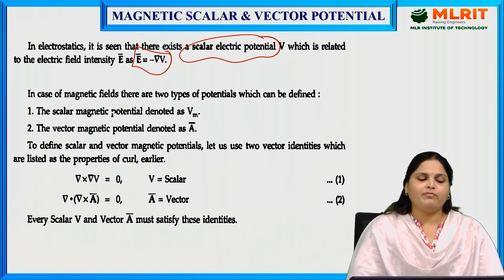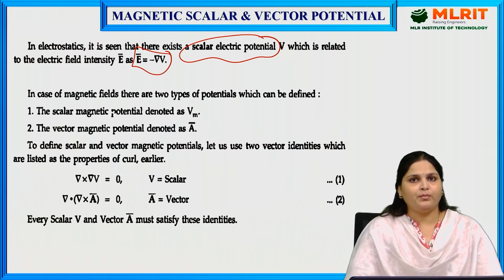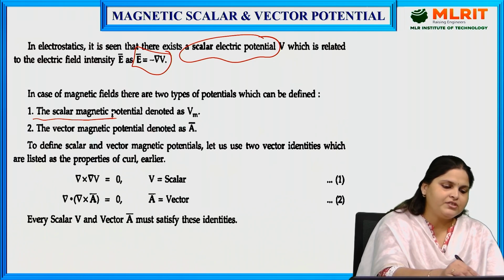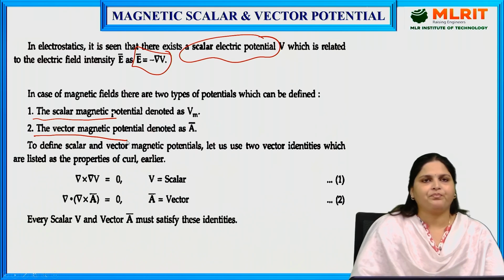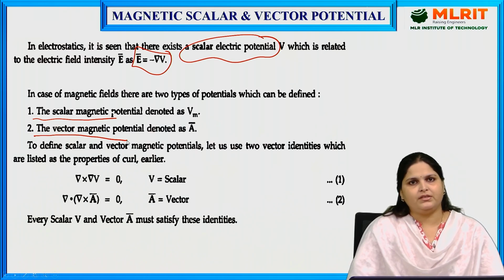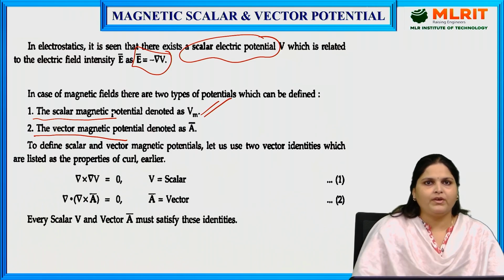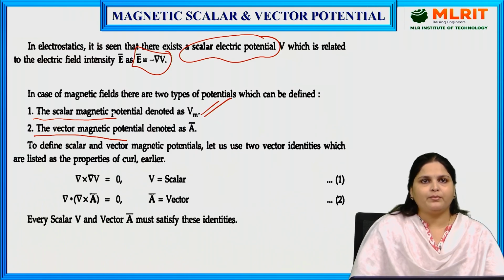In case of magnetic field, there are two types of potentials which can be defined: scalar magnetic potential and vector magnetic potential. Scalar magnetic potential is denoted by Vm and vector magnetic potential is denoted by A bar.